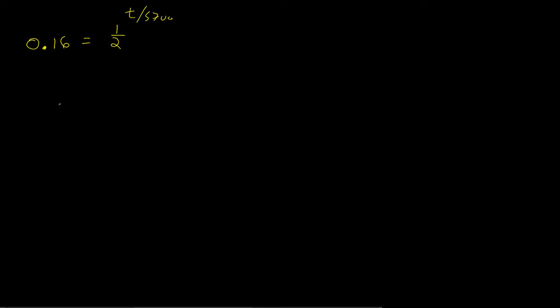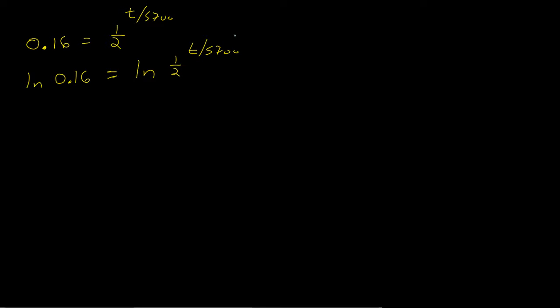Now, I would like to remove the t from up in the exponent. So I could take some logarithm, any logarithm. I'm going to use ln. So I'm going to get ln of 0.16 is equal to ln of 1/2 to the t over 5700.